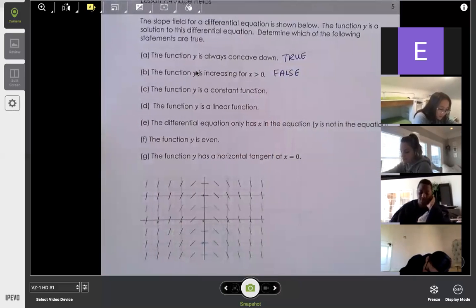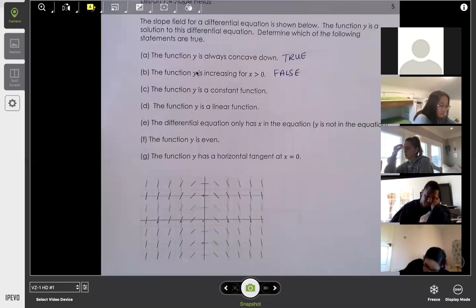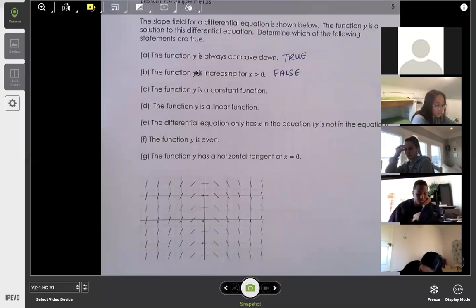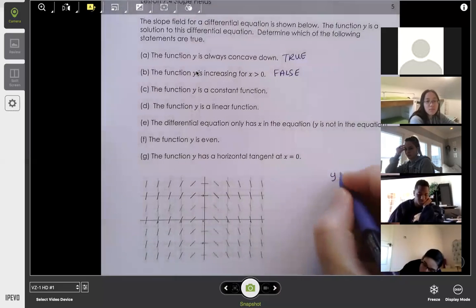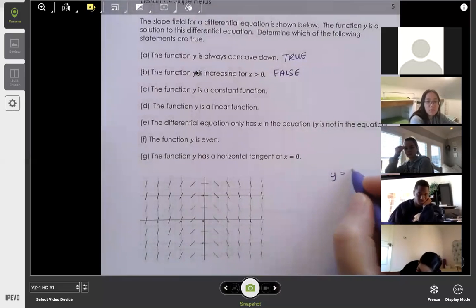The function y is a constant function. If it's a constant function, what would the tangents be? Would they all be the same constant? Well, oh wait, no, the function is a constant, something like y equals 3.